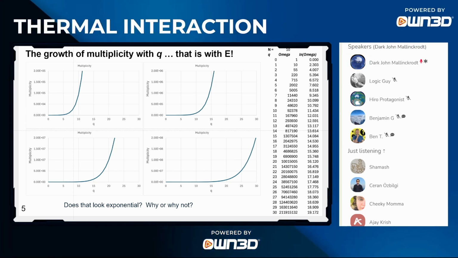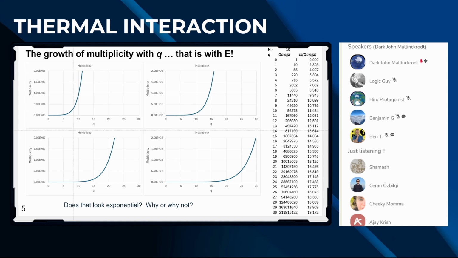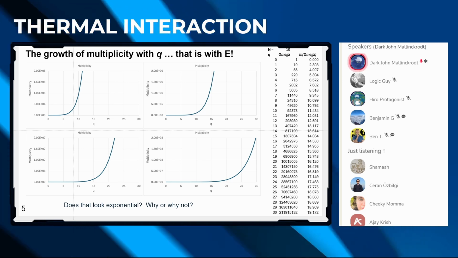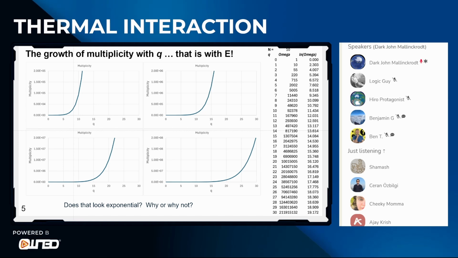Let me suggest this, because I think the simplest way to see it is that if this were an exponential curve, then I could take all 4 of those and just shift them left and right and put them right on top of each other. They would look exactly the same.